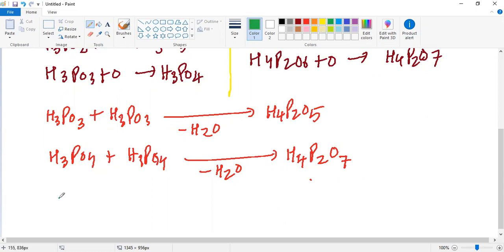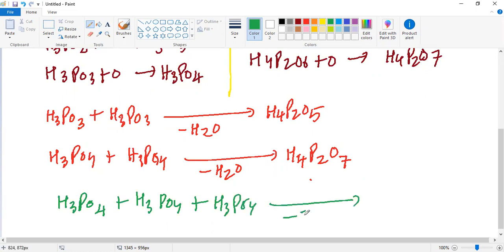Suppose you take 3 molecules of H3PO4 and 3 water molecules are removed, then we may get (HPO3)3, which is known as cyclometaphosphoric acid, or you can say cyclotrimetaphosphoric acid.